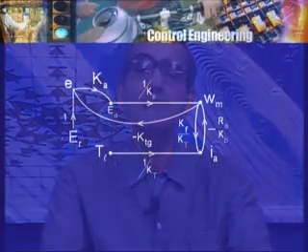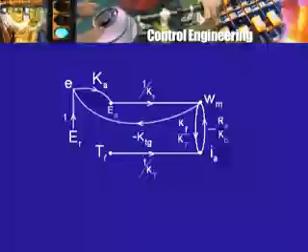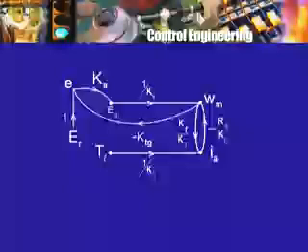So ER is the set point input, and there is still one input node, and what is that input node? That is the input node TL, the load torque, because that can still cause disturbance. So we will have now two input nodes, ER and TL. ER is the reference input node and TL is the disturbance input node, or the load torque input node.